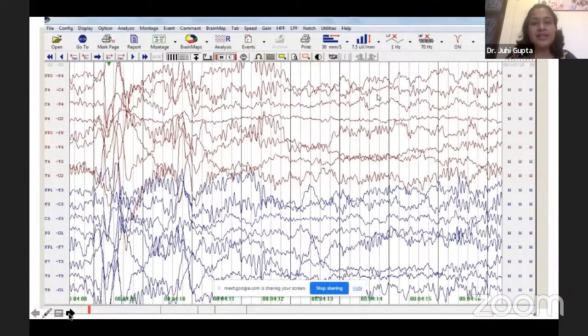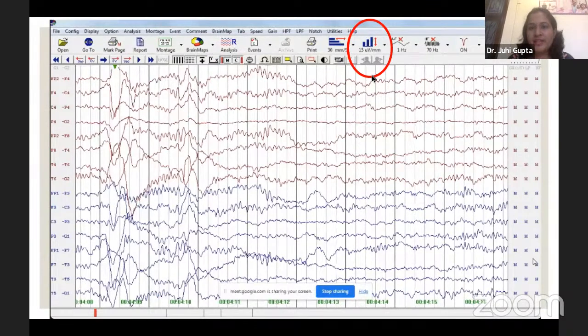So if you look at this EEG epoch, the sensitivity is 7 or 7.5 microvolt per millimeter. So try to visualize these EEG waves. This is again the same epoch. These are the same vertex waves and the sleep spindles that we saw earlier. But look at this now. If the sensitivity is 15, you see that the amplitudes have reduced.